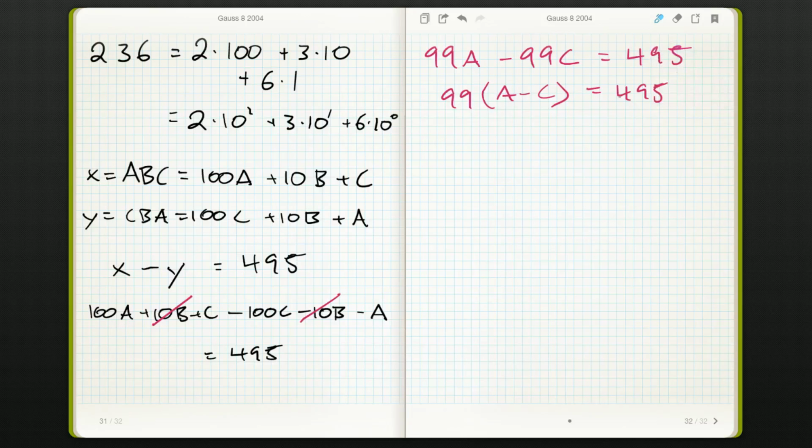And I'm willing to bet that we can divide by 99 on both sides. At least I hope so. 495 divided by 99. Just grabbed my calculator out. It looks like we get an answer of 5. So A minus C has got to be equal to 5.